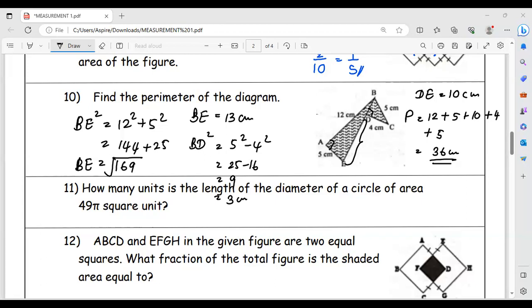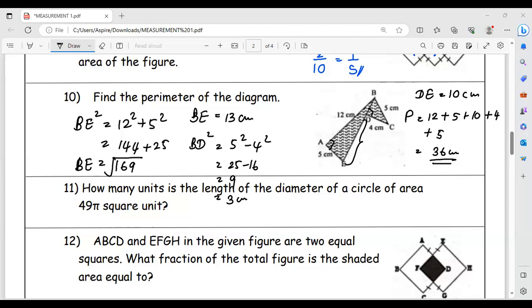Okay, let's see. It should be π times d over 2 squared, because πr squared is how we find the area. πr squared equals 49π.